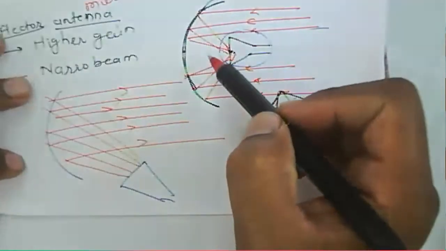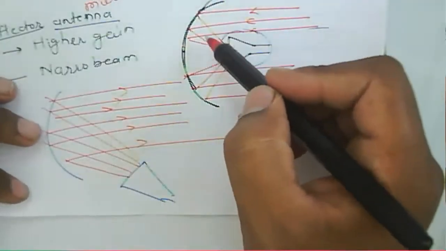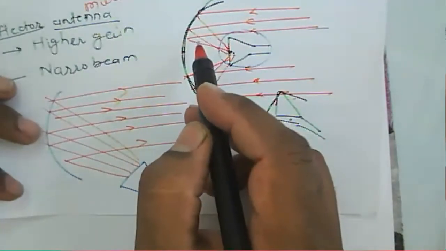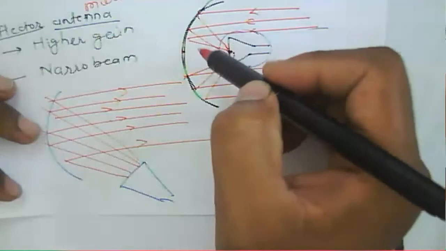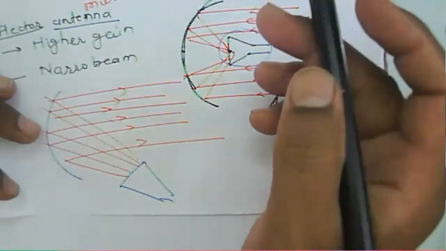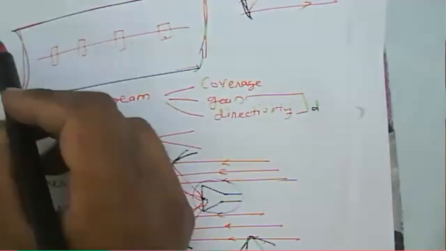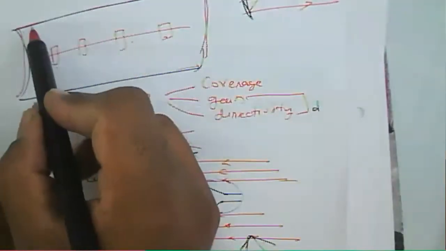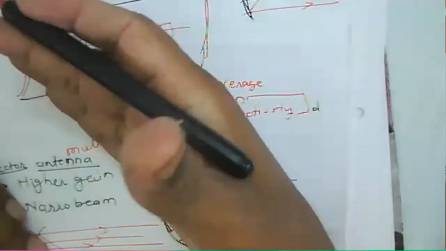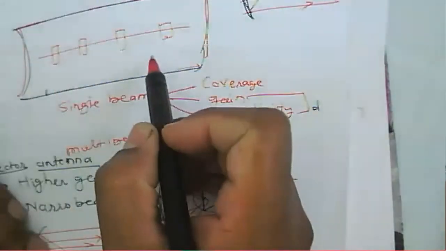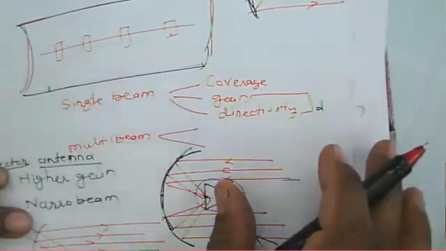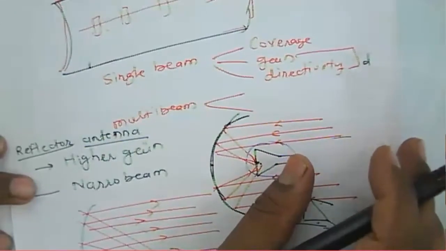A parabolic shape or a circular shape can be used, so various shapes can be used as a reflector antenna, as I told you earlier. This one is a cylindrical shape, a half cut cylinder or half cut paraboloid, and this type of antenna produces a multiple beam or a single beam.